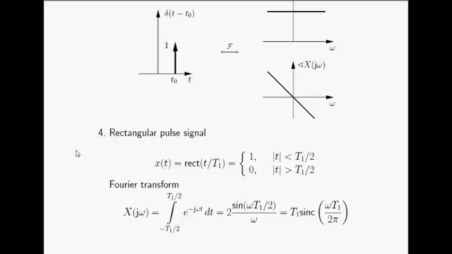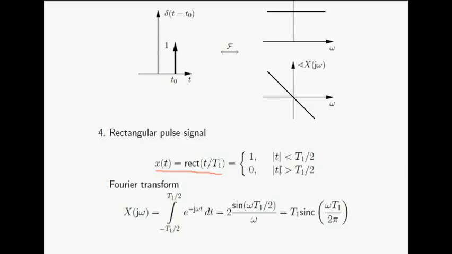Okay, so the fourth signal is the rectangular pulse signal. In this signal I'll let you know more about the sinc function. The signal is defined like this: x of t is rect of t by capital T1. It is equal to 1 when mod t is less than T1 by 2, and it is 0 for mod t greater than T1 by 2.